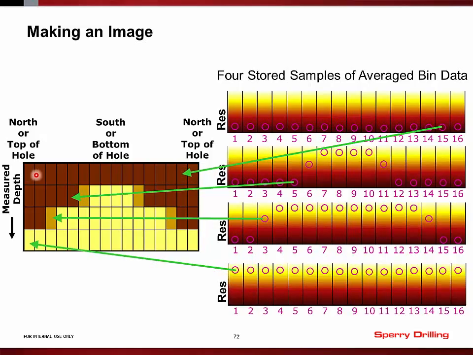So the first line on our log here came from when we were still in the low resistivity formation. The next line comes from when we're partially crossing the boundary. The third line is where we're almost all the way across the boundary, and the fourth line is when we're fully across in the high resistivity formation.